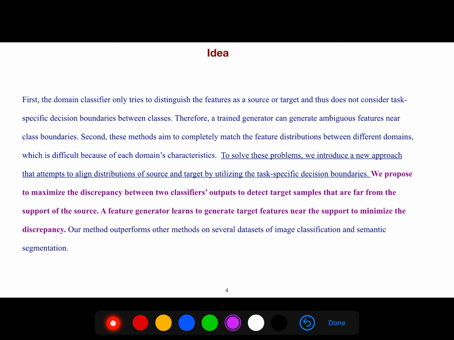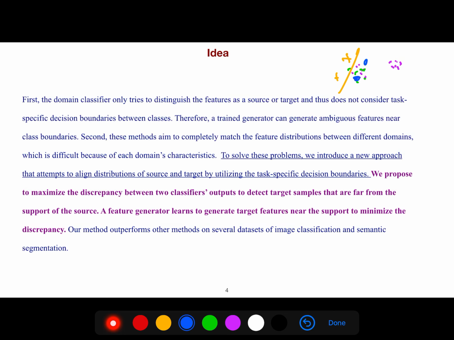First, the domain classifier only tries to distinguish the features as source or target, and thus does not consider task-specific decision boundaries between classes, because it only tries to match these two, align them together. It doesn't care if they are from, for example, a different class. Different classes should be separated in this mapping. Therefore, a trained generator can generate ambiguous features near class boundaries.